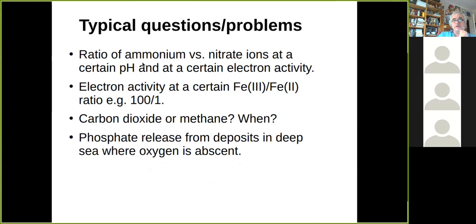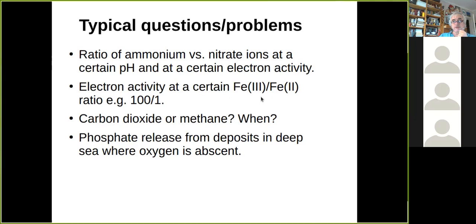There are, for example, nitrogen species, ammonium and nitrate ion, at a certain pH, and if you can measure the redox potential somehow, that is, if you measure electron activity, then we could decide whether we have ammonium ions or nitrate ions, for example, or whether the iron should be present in 3+ or 2+ state.